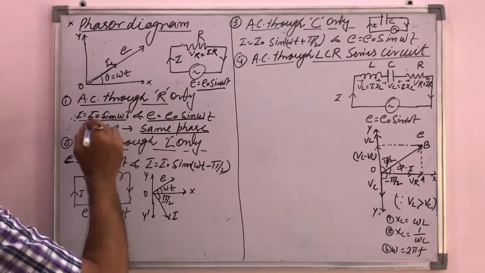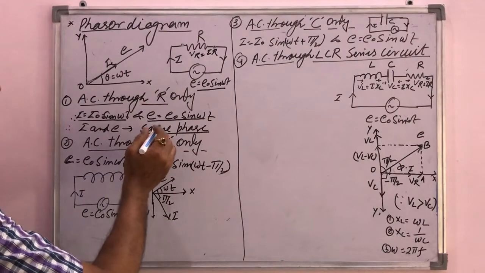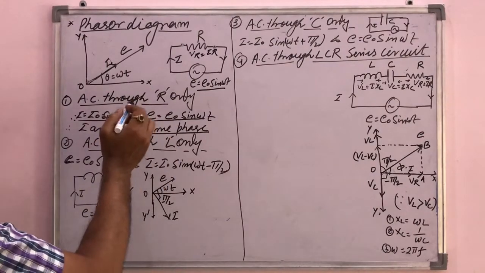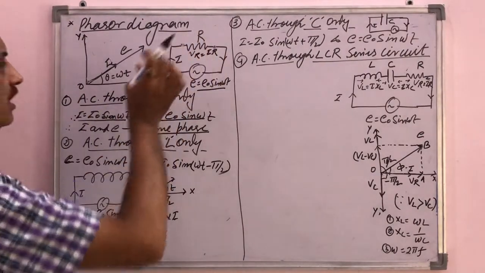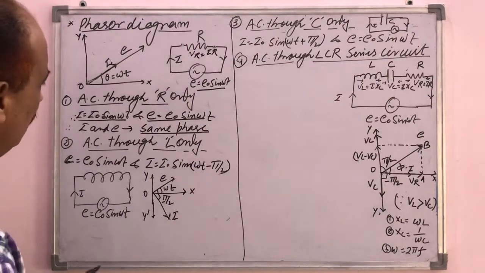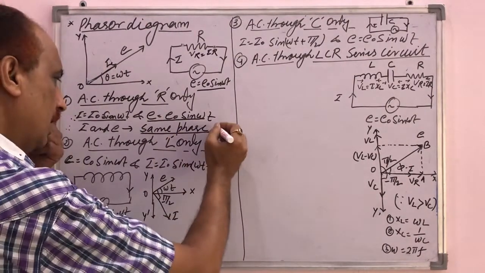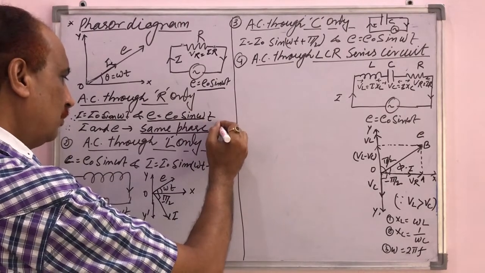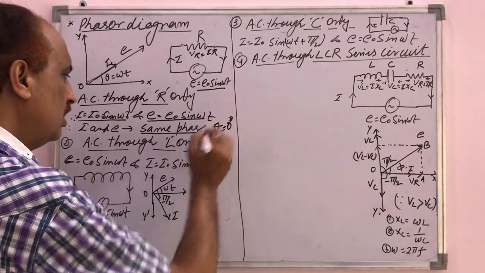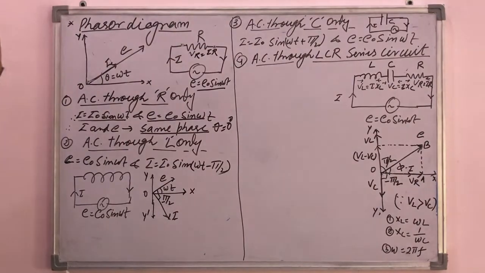So the first learning point is what will be the angle between I and E when R is connected only in the AC circuit. The angle will be the same, because in that condition the phase angle phi will be equal to 0 degrees because the vectors are parallel to each other.